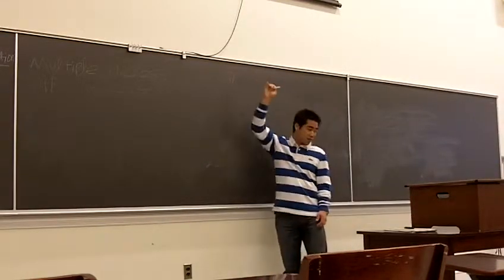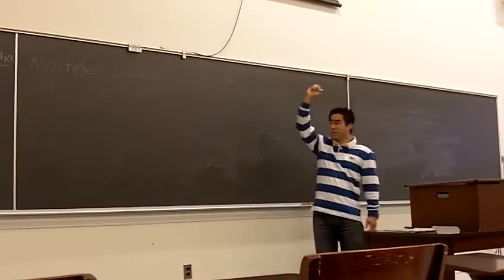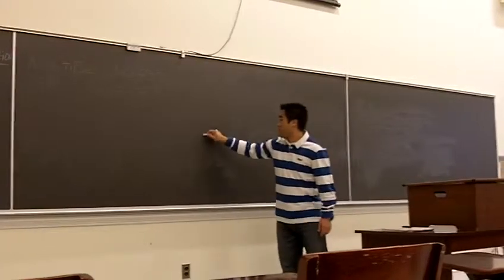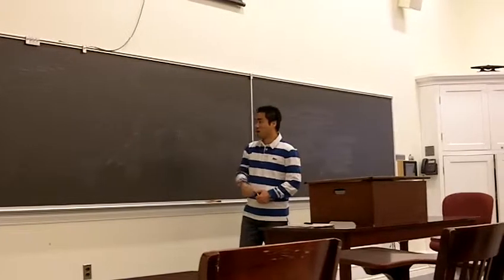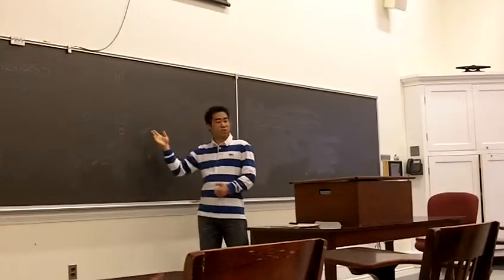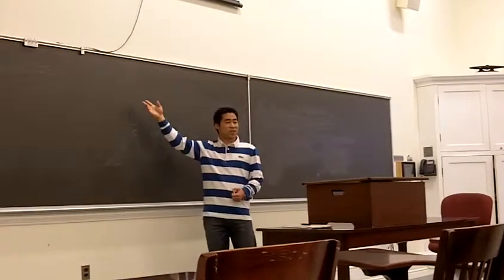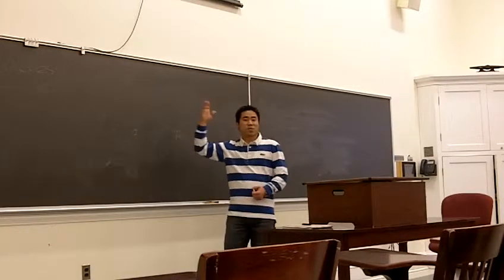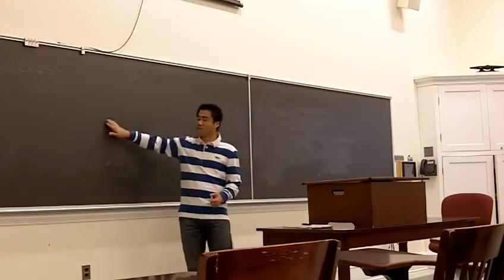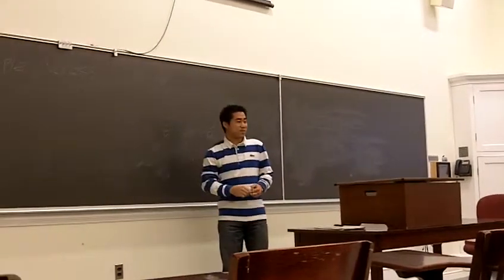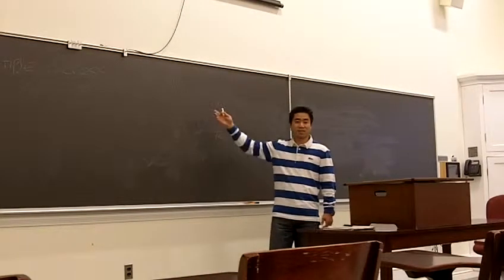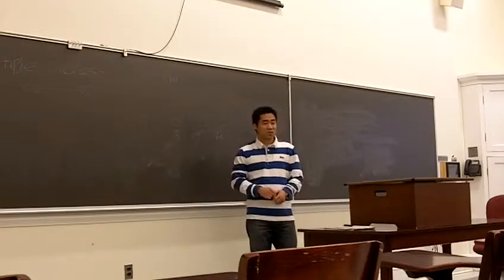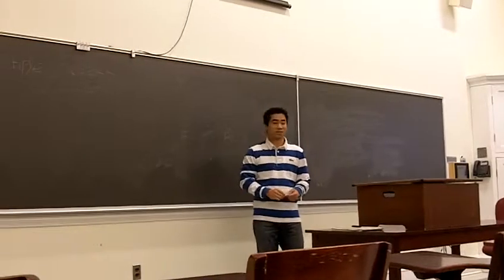There is an access point on the wall, and there are users A, B, C, D. The problem is that we have 4 users trying to access the internet at the same time, but we can only accept 1 user at a time. So how can you choose which user should access the internet? That's the general multiple access problem.